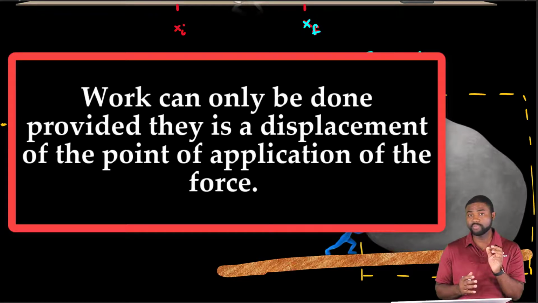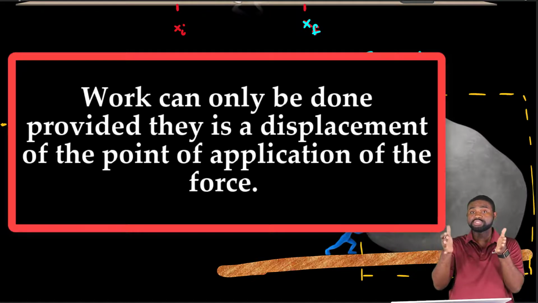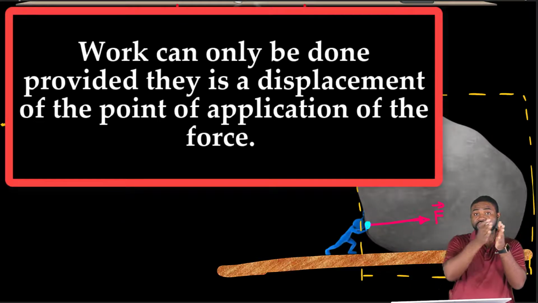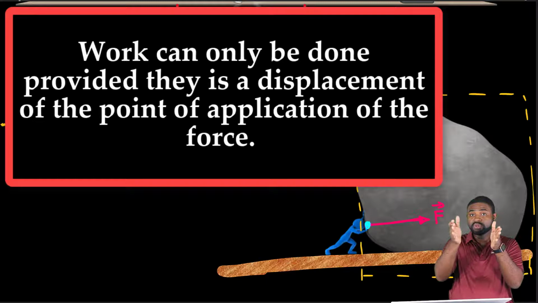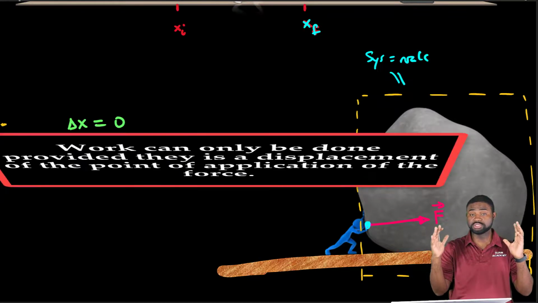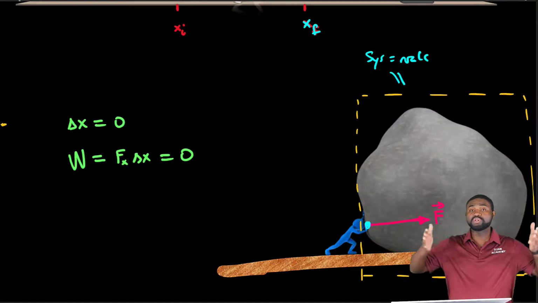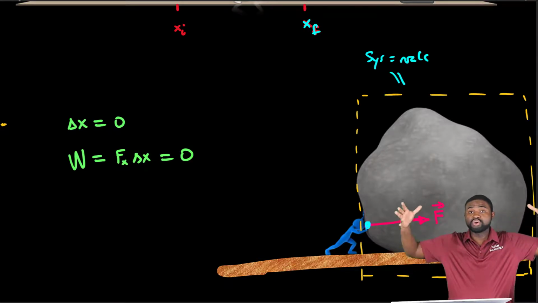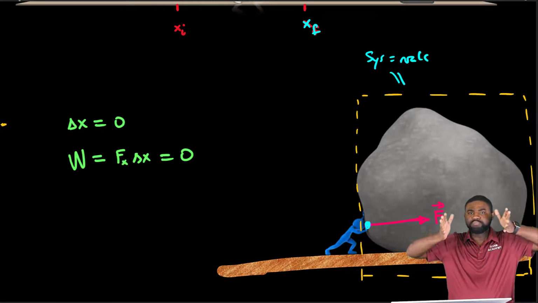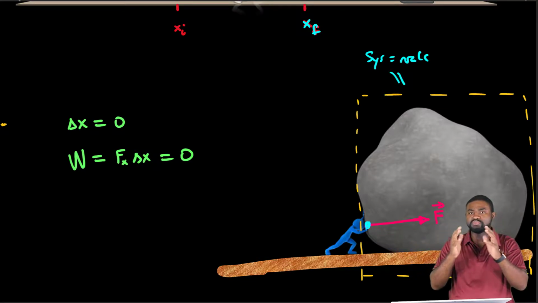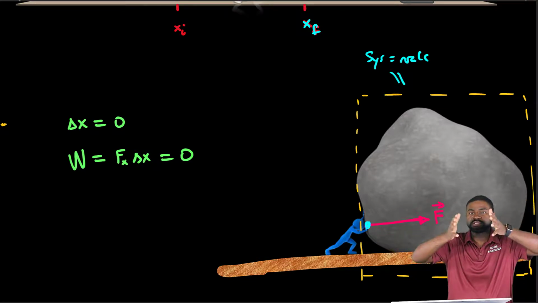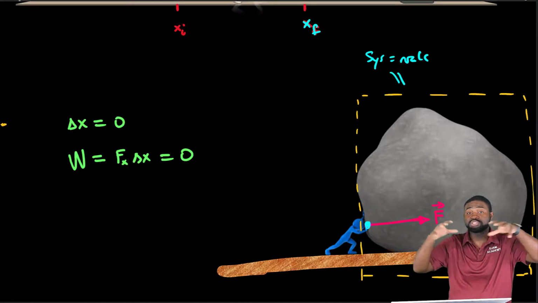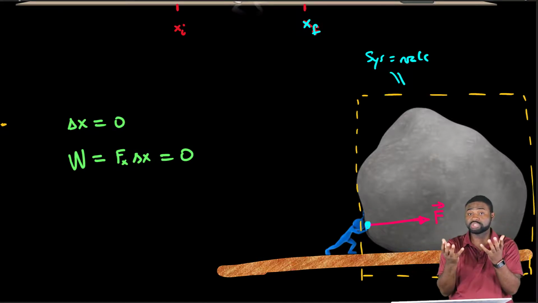It's possible that I can exert a force and the point of application of the force moves, but the system as a whole doesn't. Typical example: if you hold a balloon that has been inflated and you compress it, the balloon itself doesn't move. It just compresses, but energy is transferred into the balloon and stored in it as elastic potential energy.